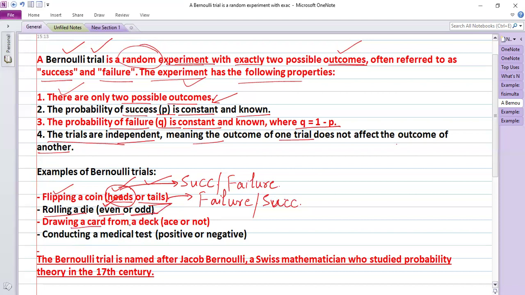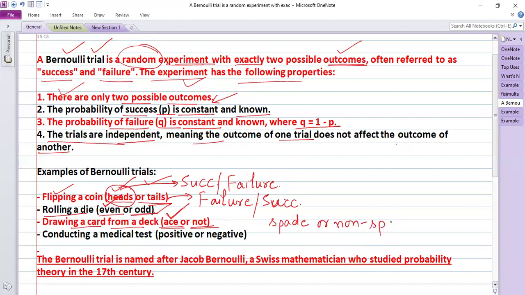Similarly, drawing a card from a deck of cards. Either the card will be an ace card or a non-ace card. We may define it in this way also, that either it will be a spade card or a non-spade card.